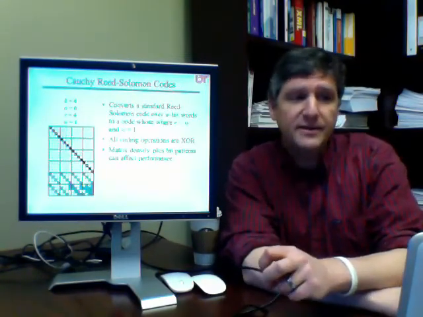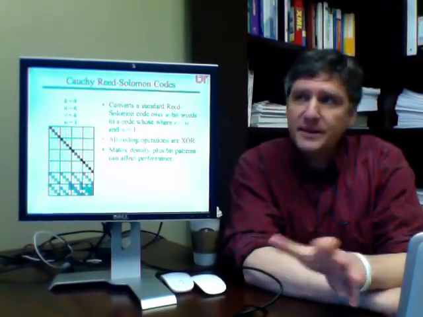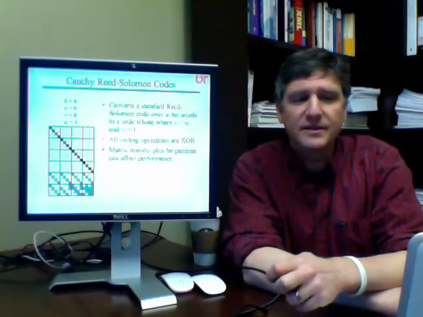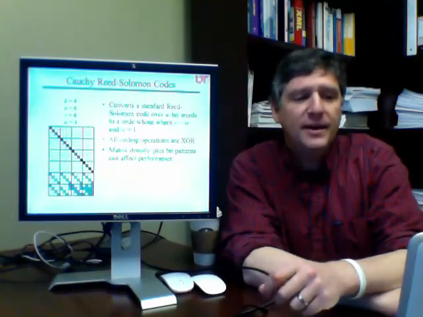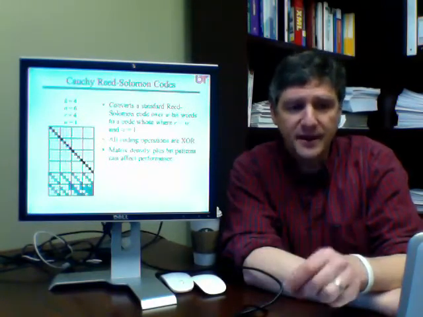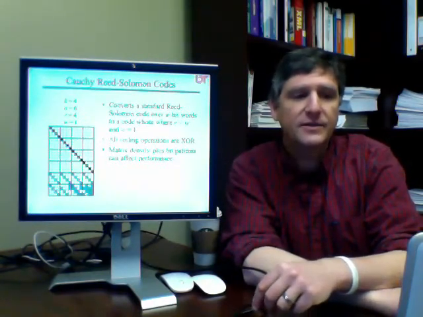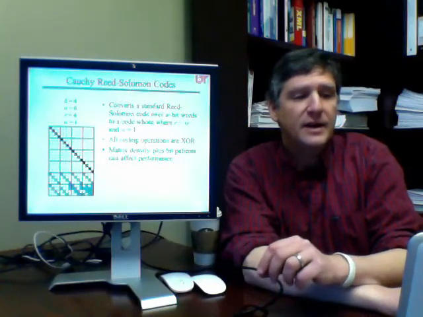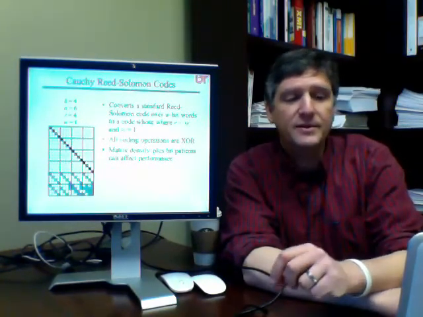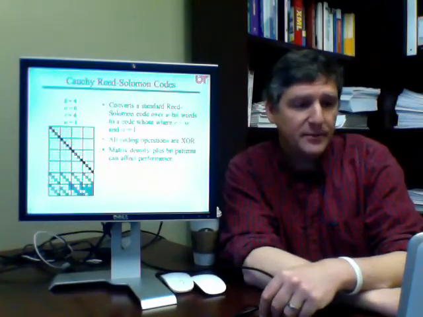The Cauchy Reed-Solomon code was developed in around 1995, I think. What it does is it takes a standard Reed-Solomon erasure code over W-bit symbols, and it converts it into an erasure code that works on 1-bit symbols, but that has R of them per disk, where R equals the original W. Okay?